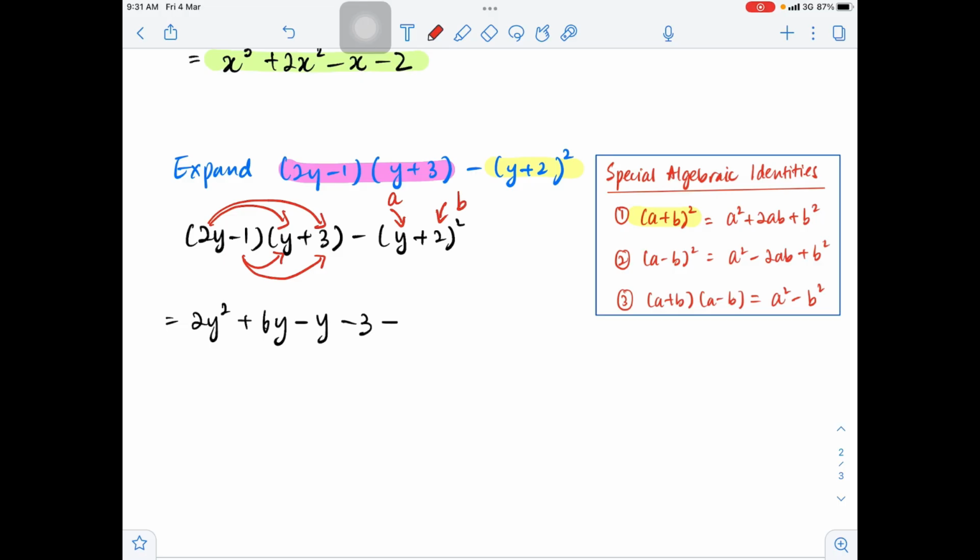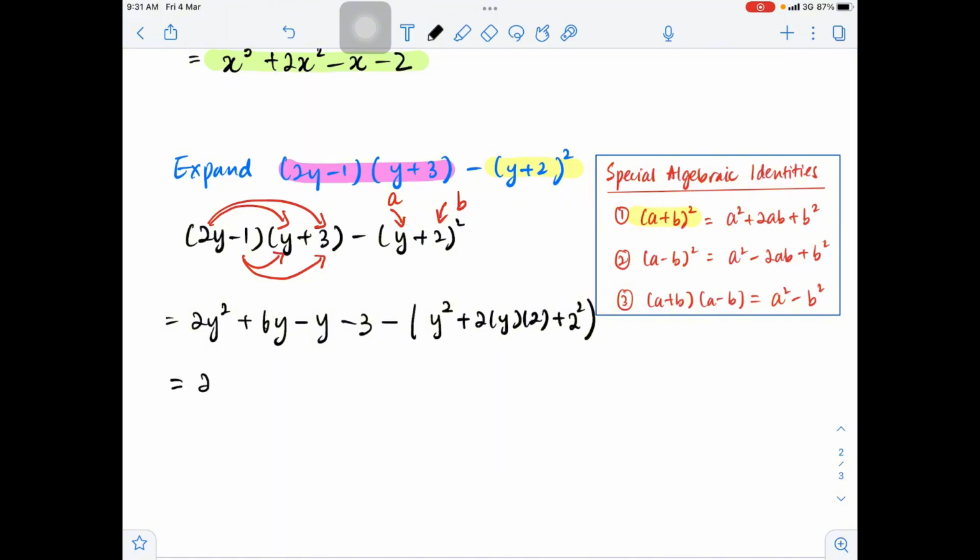And we can see here that our a is y and our b is 2. So if I were to expand this, I'm going to get y squared, which is simply the a squared, plus 2 times a times b, which is simply 2 times y times 2, plus 2 squared.